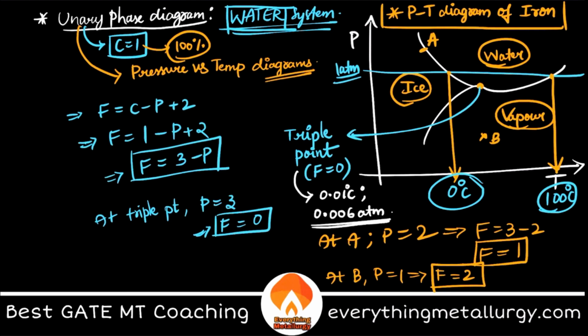These are fixed values. The triple point has 0.006 atmosphere pressure and 0.01 degrees Celsius temperature. Anything else from the unary phase diagram?